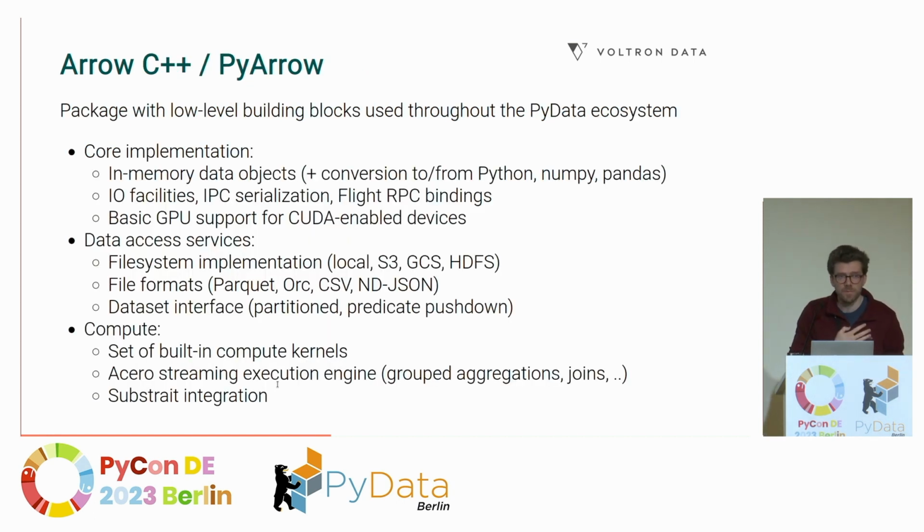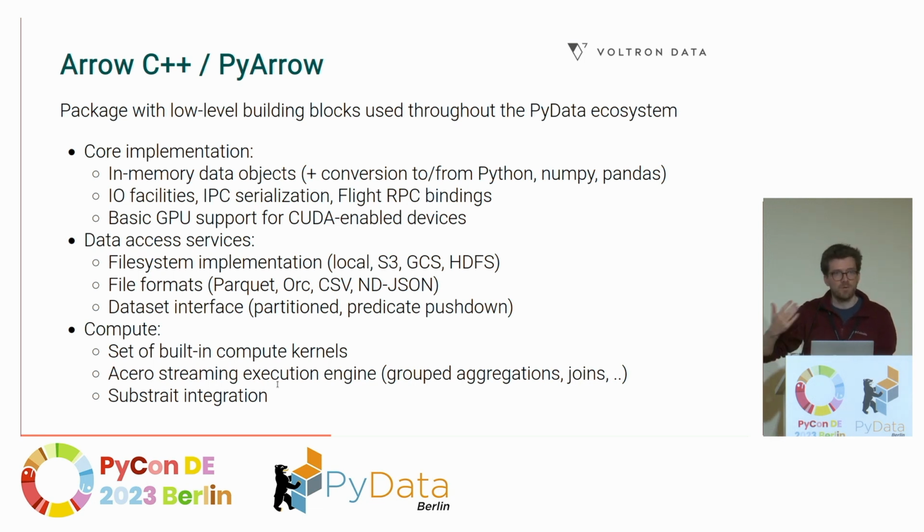I'm myself most familiar with the Python bindings, or at least PyArrow, so the Python bindings to Arrow C++. And this package provides a whole set of building blocks that are being used throughout the ecosystem, both for implementing the specification, using it for all the serialization, moving data over the network, and also accessing data on file systems and different file formats.